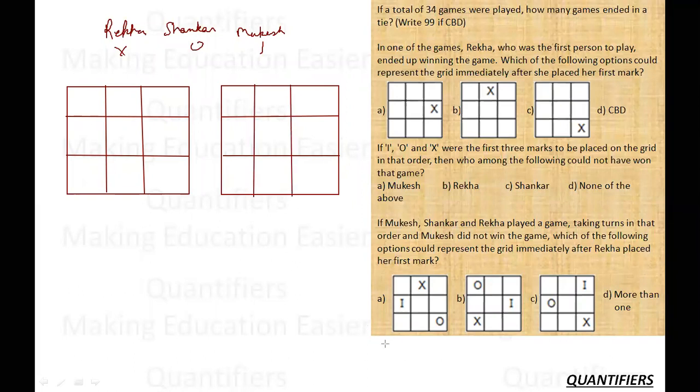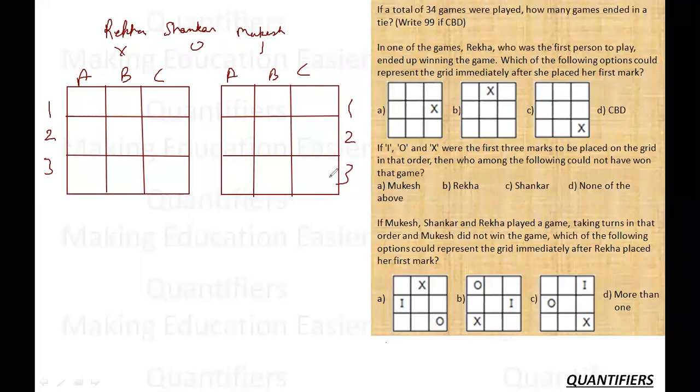If required, I will take more cases. I have to see how many games end in a draw, out of 34. Let us assume this is the order in which they play, because it will not matter. A person cannot leave a mark on B2. The matrix is A, B, C, 1, 2, 3.